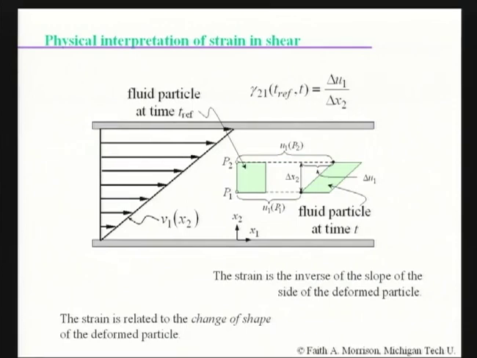So this derivative is saying what is the rate of change of the displacement function with respect to the distance x2. So the difference between this and this is indicated here by that difference. And the difference in the x2 positions between these two planes is just x2 here. So the strain, as defined here, the shear strain, is the inverse of the slope of the side of the deformed particle. So it's some measure of change in shape.